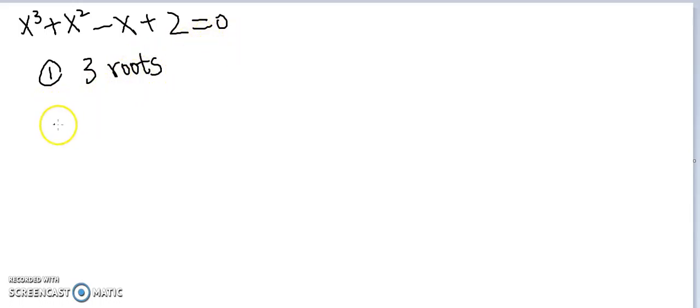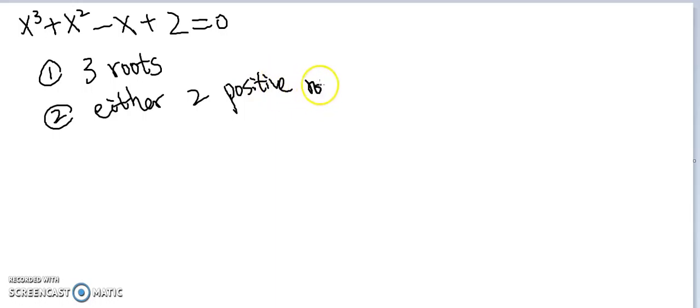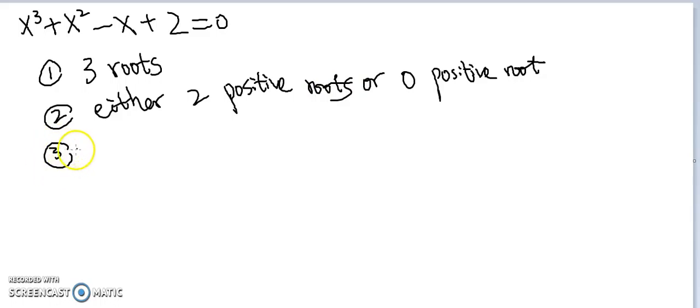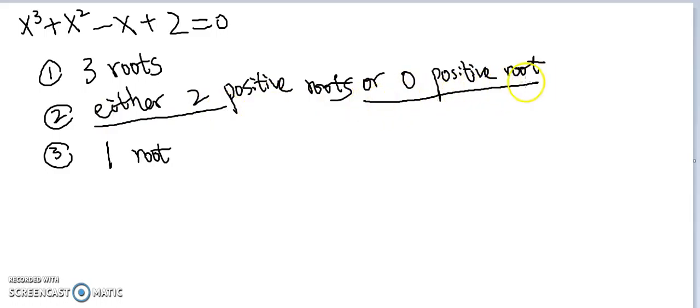We also know it has either 2 positive roots or 0 positive roots, which means no positive root at all. And by replacing x with negative x, we found that it has 1 negative root. Now, because there are 2 possibilities right here, it really depends on how many imaginary roots it has.